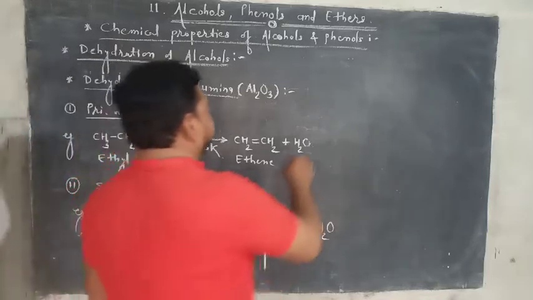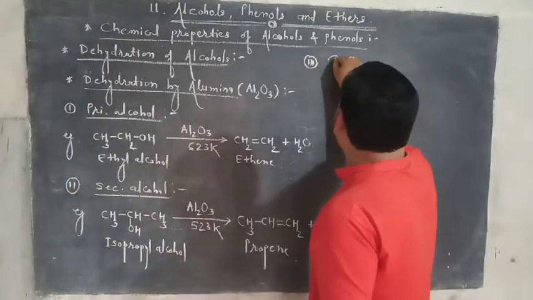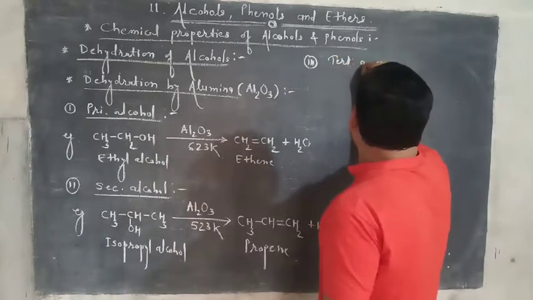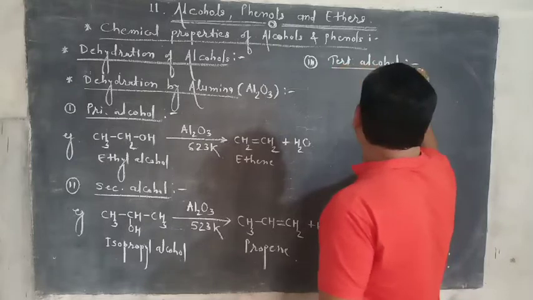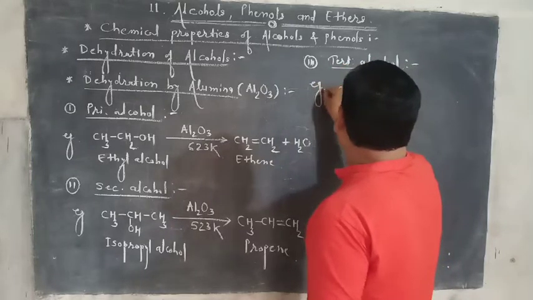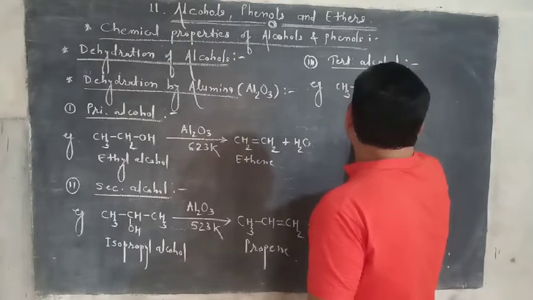Then third, tertiary alcohol. For example, tertiary butyl alcohol.